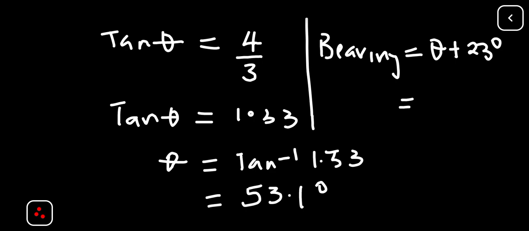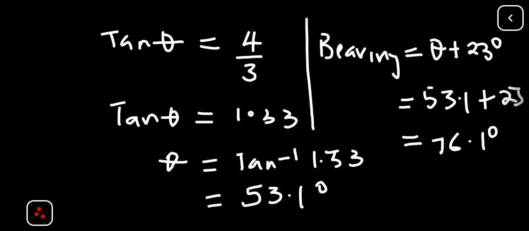That means it's equal to 53.1 plus 23, which is equal to 76.1 degrees. So we can say 076.1 degrees. This is the bearing.